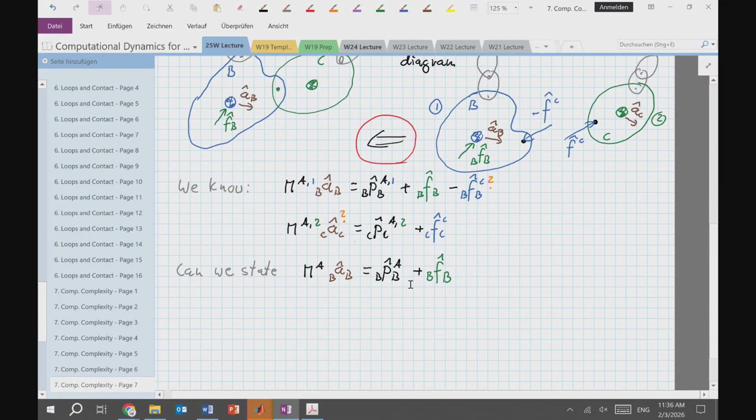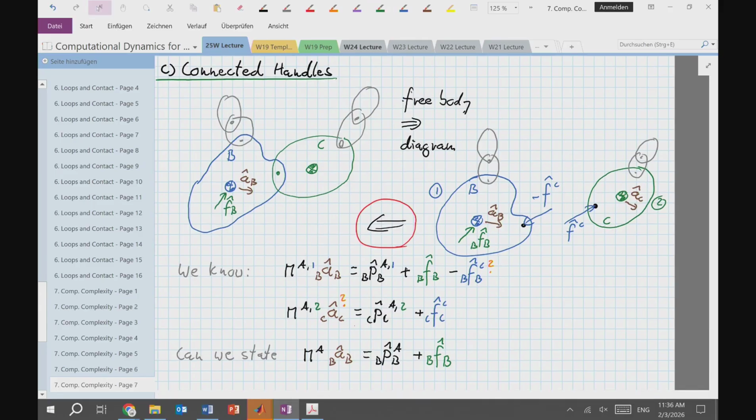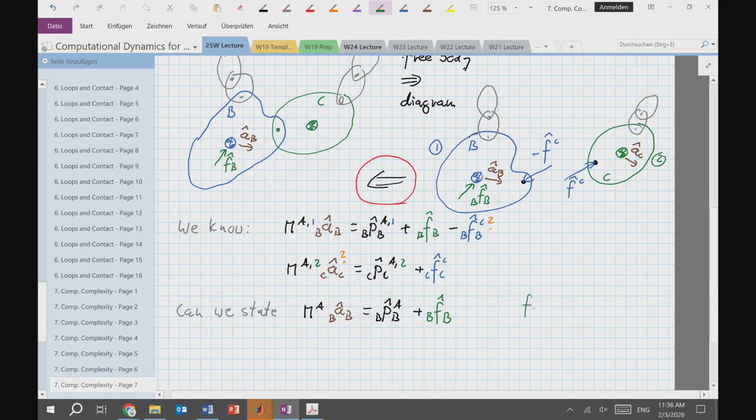And the question is, can I state basically this equation for the system on the left, which is asking ourselves the question of what is F_B hat B? What is this force that I need to apply to generate this acceleration?